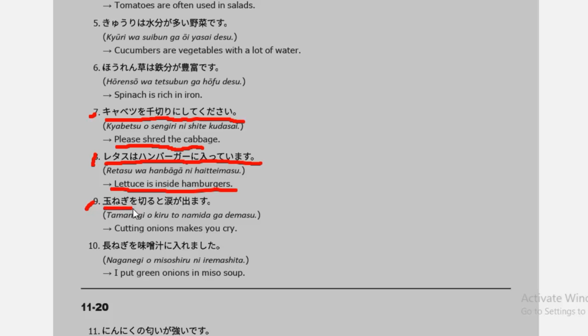The next is tamanegi o kiru to namida ga demasu, means cutting onions makes you cry. And the next example is naganegi o misoshiru ni iremashita, means I put green onions in miso soup.